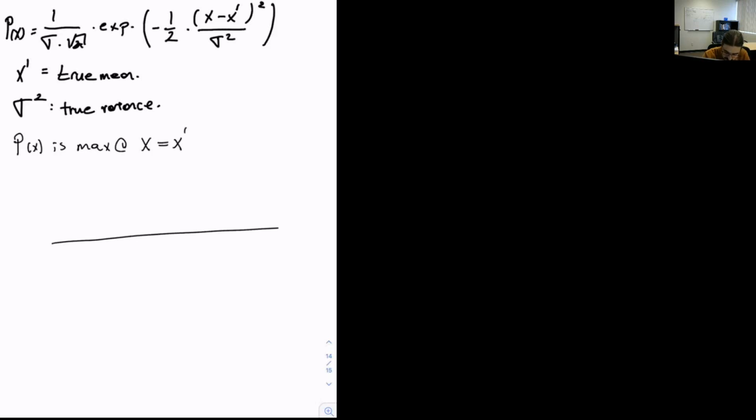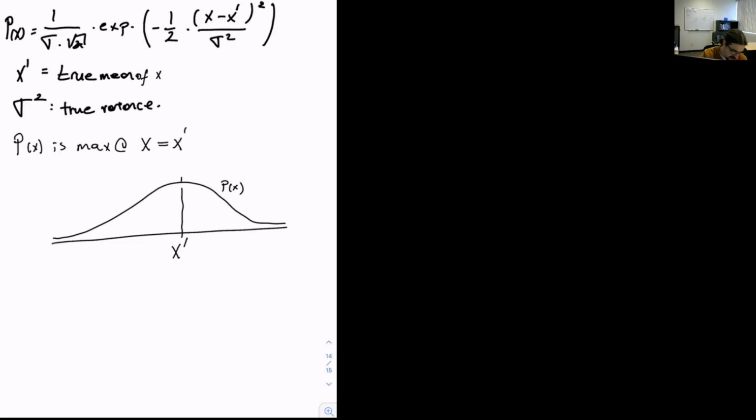If I were to draw this, you'll see a normal distribution, and at the center of it is going to be x naught, the true mean of x. And this then becomes my probability distribution, p(x).